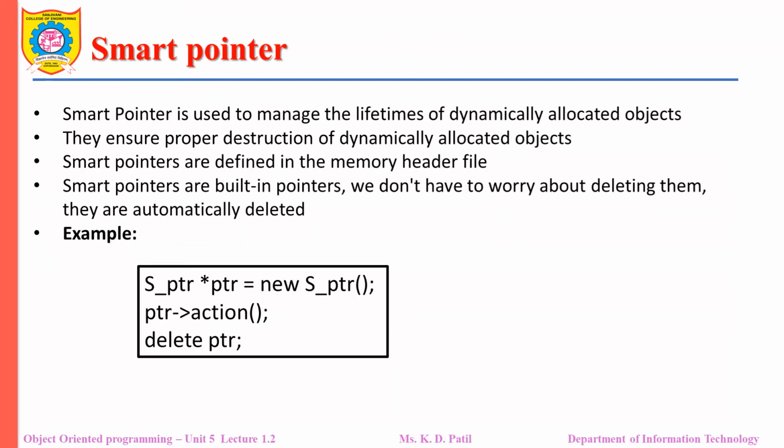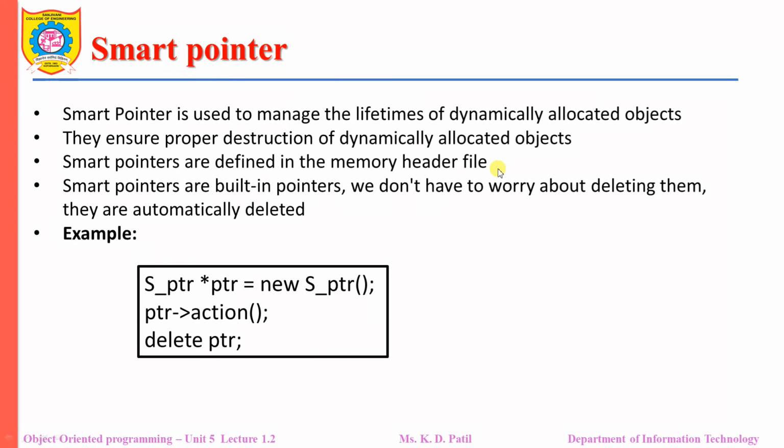Let us see smart pointers. A smart pointer is used to manage the lifetimes of dynamically allocated objects. They ensure the proper destruction of the dynamically allocated objects. Smart pointers are defined in the memory header file.